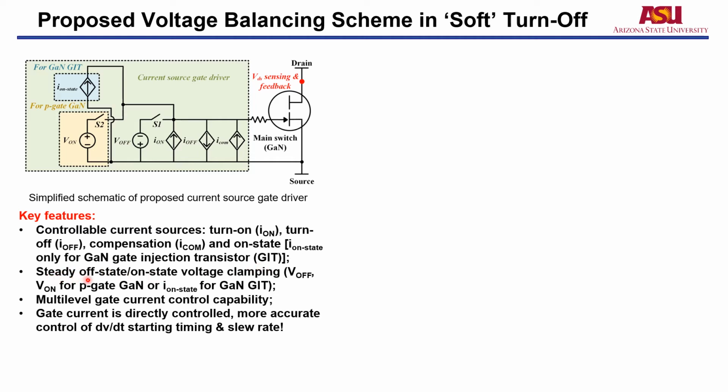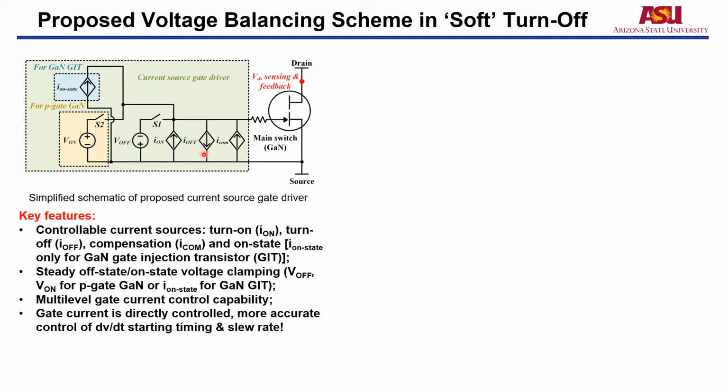Second, the steady-state off-state or on-state voltage clamping, V_off or V_on for p-gate GaN, or I_on state for GaN GIT. Because of the current source gate driver, we don't have the steady-state voltage, so we need to do the steady-state voltage clamping for the device. Next, the multi-level gate current control capability.